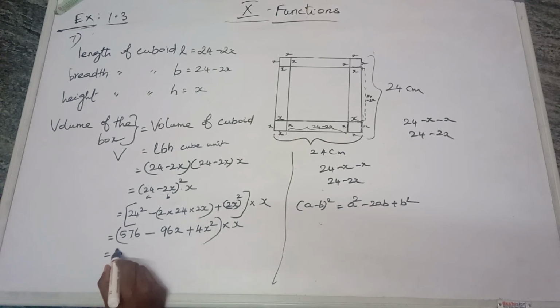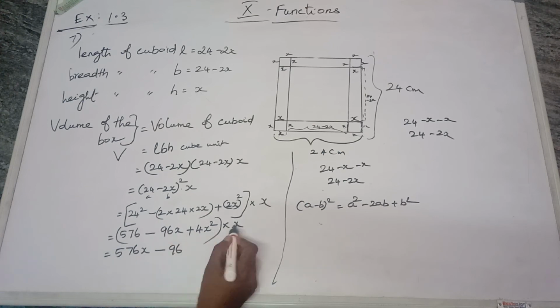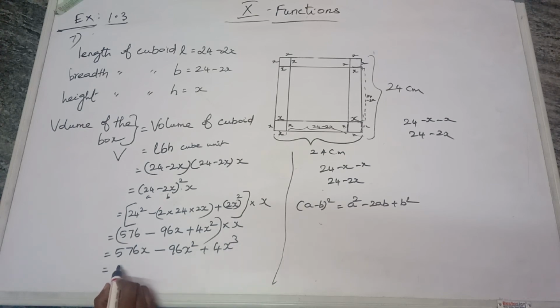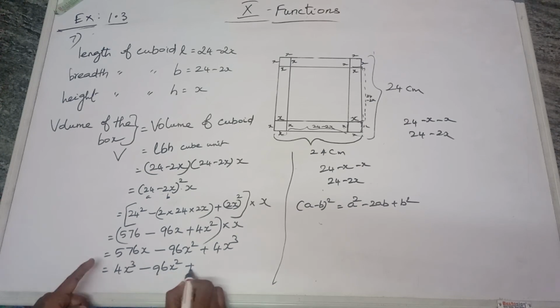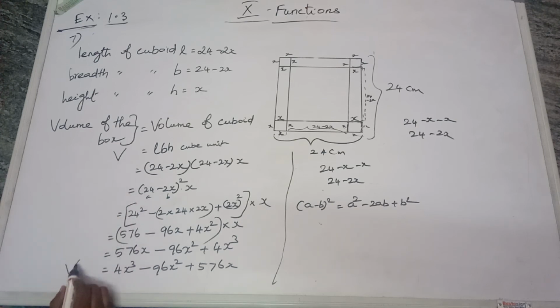So 576 into x is 576x, minus 96x into x is 96x square, plus 4x square into x is 4x cube. If you write it in standard form, it is 4x cube minus 96x square plus 576x. It is nothing but the volume in terms of x, so we can write V of x.